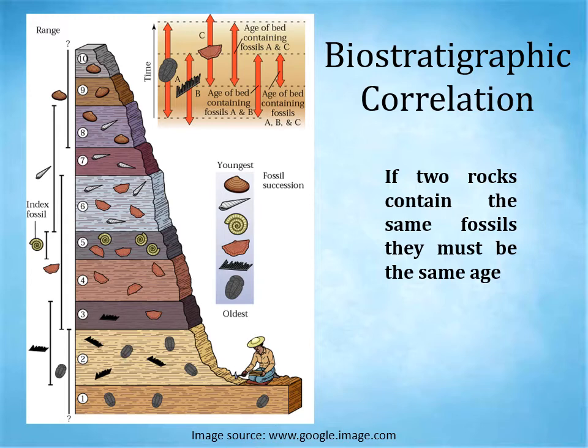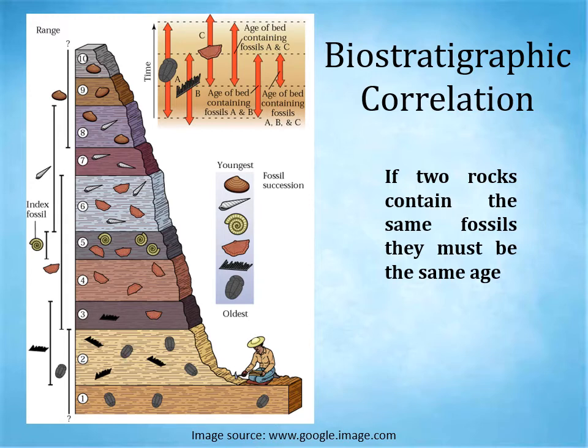After their death, they are preserved in the rock record and they give signatures of the ancient biological entities. Now, to do biological correlation, we have to look whether two rocks contain the same kinds of fossils or not.